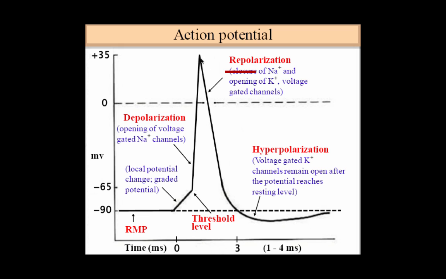Around positive 35 millivolts, these voltage-gated sodium channels become inactive and voltage-gated potassium channels open. Well, what's going to happen then? Potassium is going to flow out of the cell, causing a huge rush of positive current to leave the neuron, hyperpolarizing the cell. And now we get to become more negative, if you will.